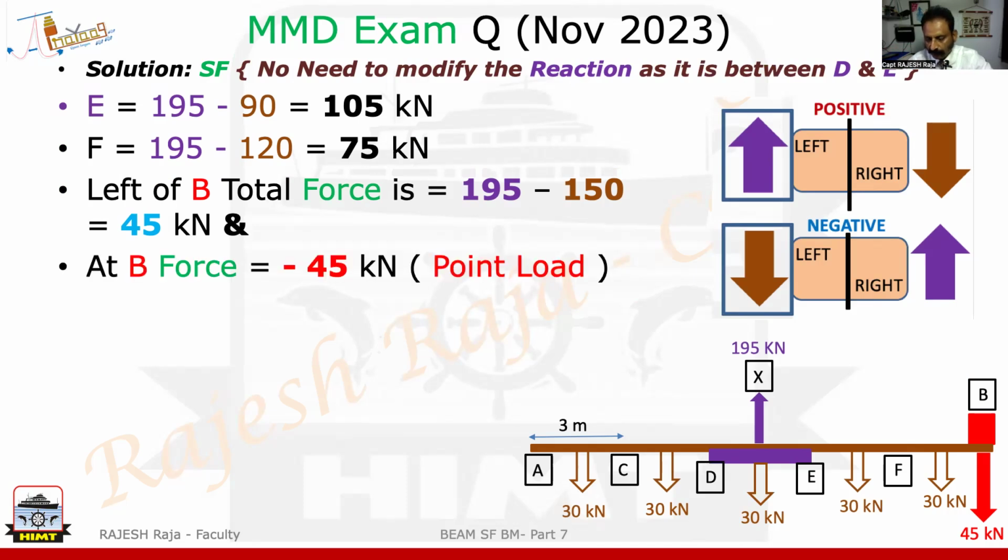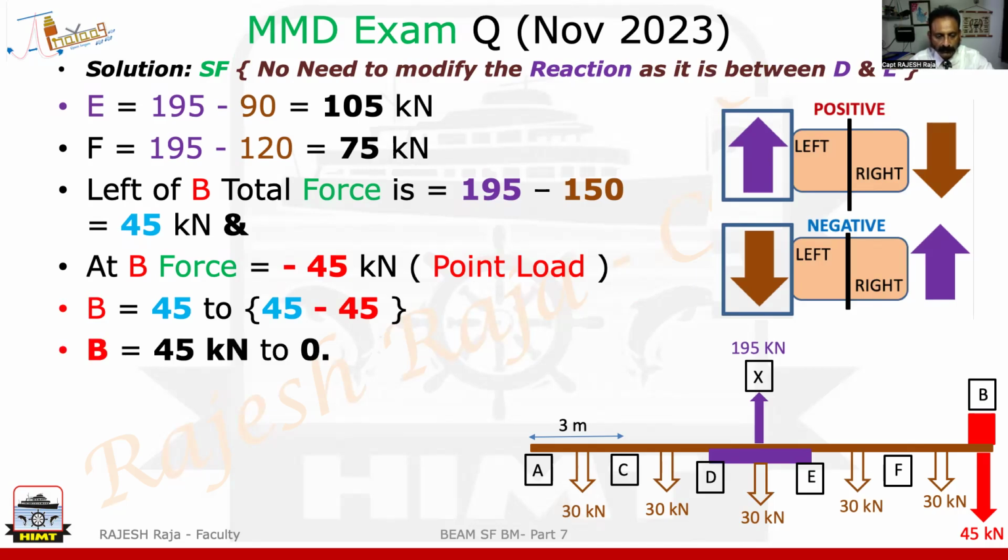But exactly at B, I have a minus 45, which means when I finish the total calculation, I will have two values. The left side was 45, and the right side is the summation of plus 45 and minus 45, which will give me 0. So at Bravo, I will have two vertical forces, 45 to 0. This is how you should write.